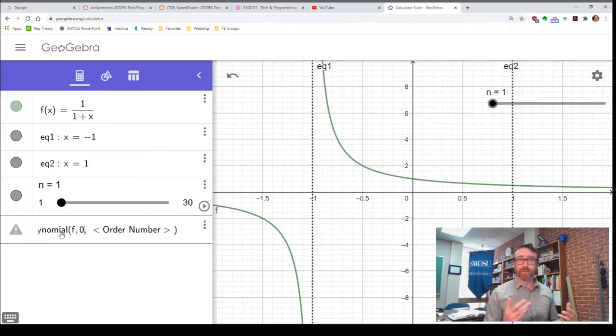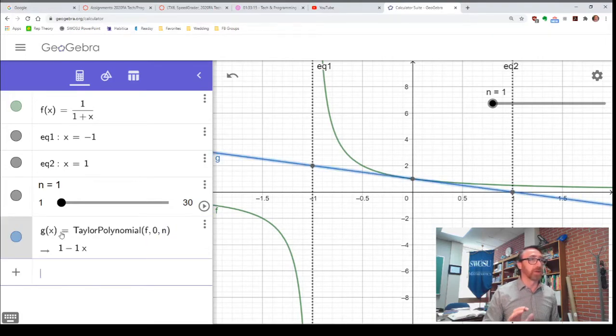We'll center it at 0. Remember the Taylor polynomial is a little more general than a Maclaurin polynomial. Same thing with series. Taylor series, a little more general than a Maclaurin series. Taylor polynomial or Taylor series can be centered anywhere. When we're doing a Maclaurin series, it's centered at 0. Okay, and the order is going to be n, right? That's the whole point of having the slider.